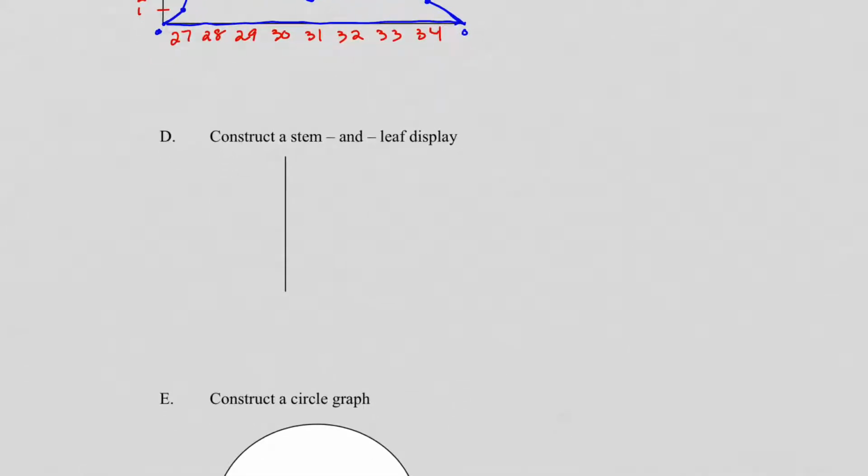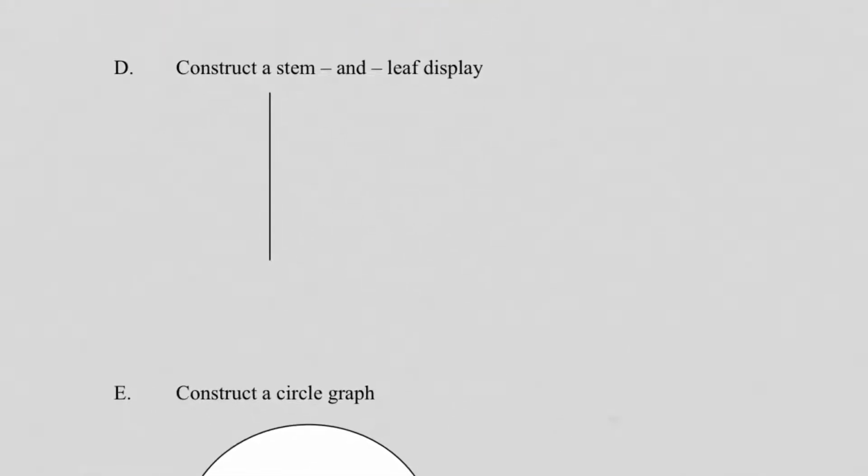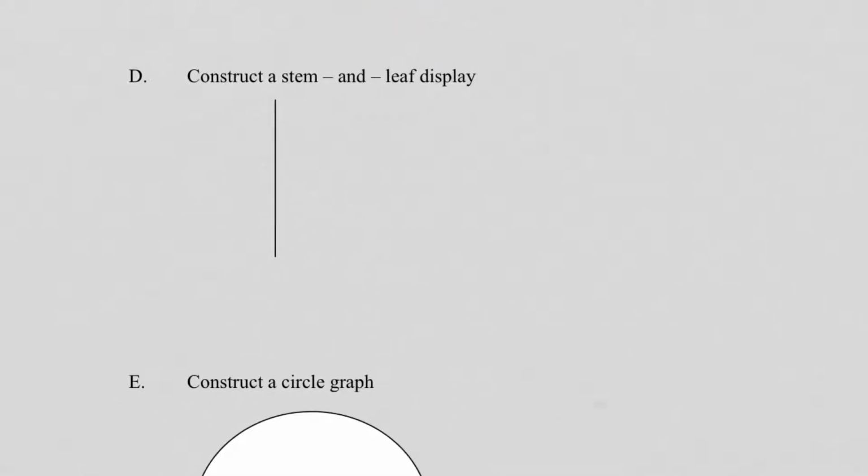Next, we have a stem and leaf display. So stem and leaf is exactly what that means. You have a stem, and then you have leaves.